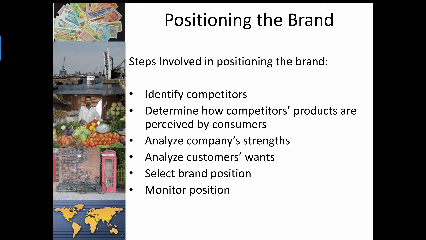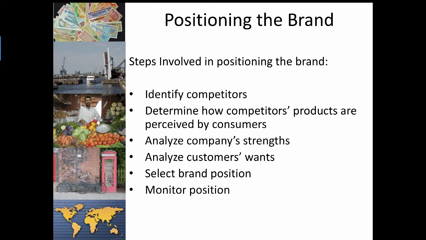Once we've identified segments and chosen which segments we want to target, then the question becomes, how can we position our brand so that it's going to be most attractive to that segment? So when we talk about positioning, we're talking about identifying competitors first, figuring out how competitors' products are being perceived by consumers, analyzing the company's strengths, analyzing what customers or consumers want, and then deciding how we want to position our brand relative to competing brands.